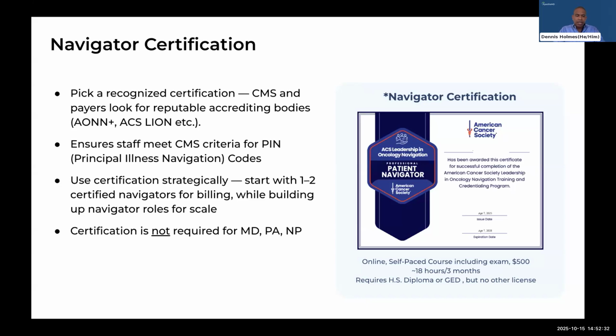It's also important to know that this certification is not required for MDs, PAs, or nurse practitioners. Your medical license, PA license qualifies you to do certain navigation tasks, which you routinely perform, but you don't have to get an additional certification in order to bill for the PCM codes. This relates to billing for the PIN code, the Principal Illness Navigation code.